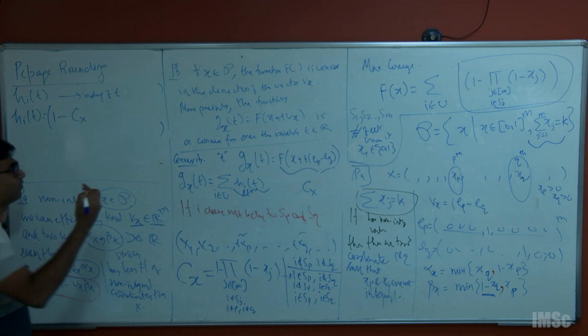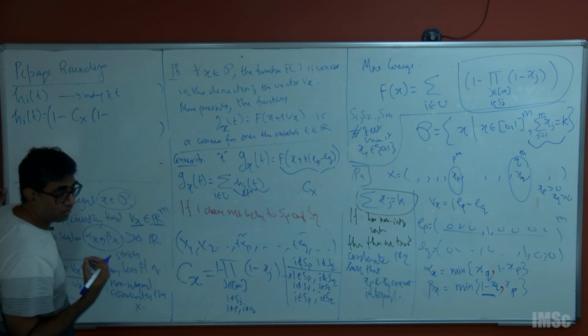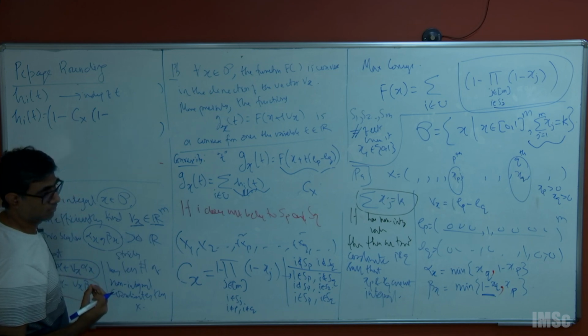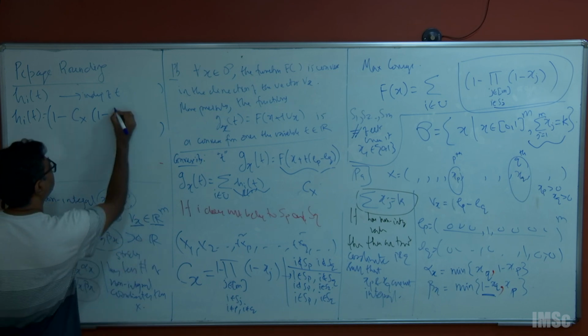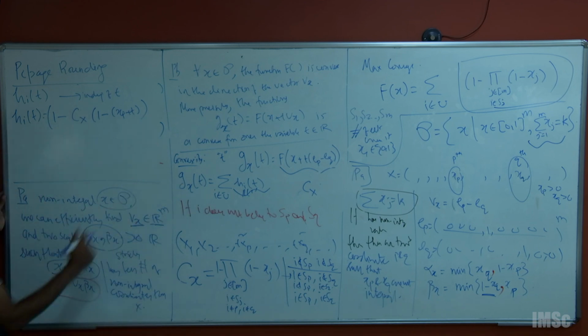It is not a question of convexity. There is only one term: 1 minus what is in the place of xp? What should I write? It is just xp plus t. This is all that it is.